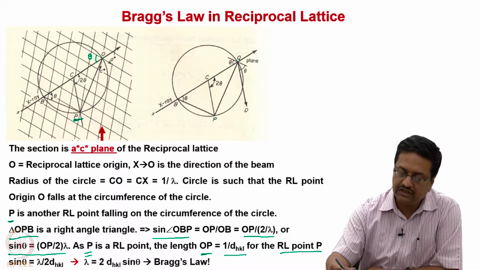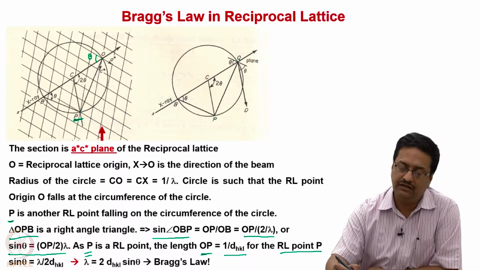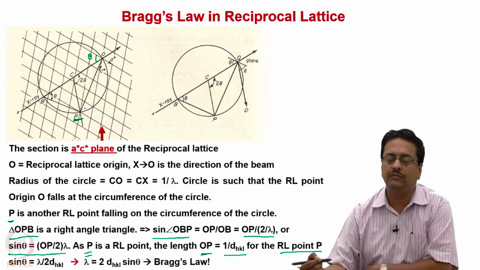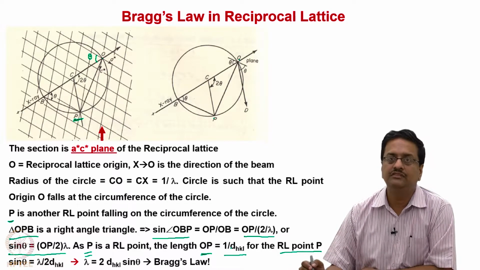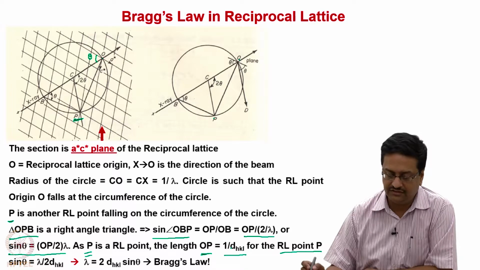So, we are dropping a perpendicular from the origin and cutting it at P, which is a reciprocal lattice point. So, the corresponding distance OP is supposed to be 1 by DHKL. That is the underlying principle of generating the reciprocal lattice points.